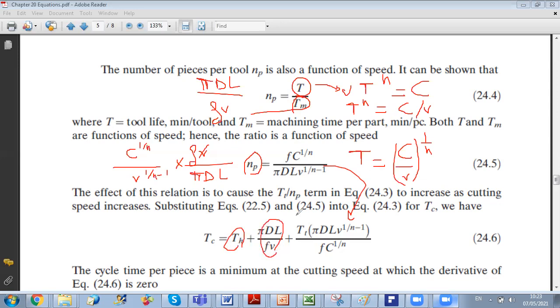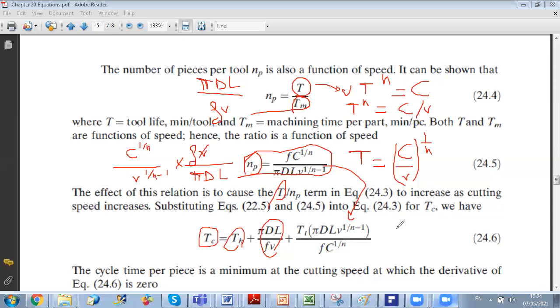Now here, by replacing T total, which includes the tool change time over NP, because we got NP as a function of the cutting speed, we obtain the expression of the total time of operation as a function of the cutting speed. So to minimize the total time of operation to produce one part, we should derive it with respect to V.